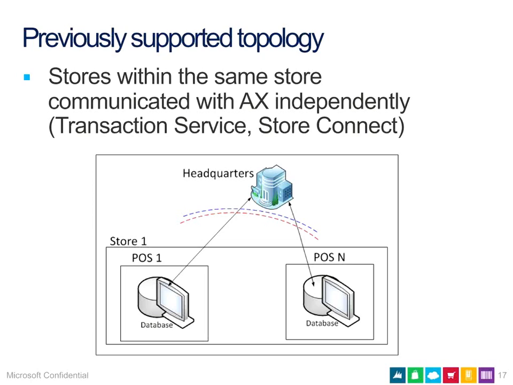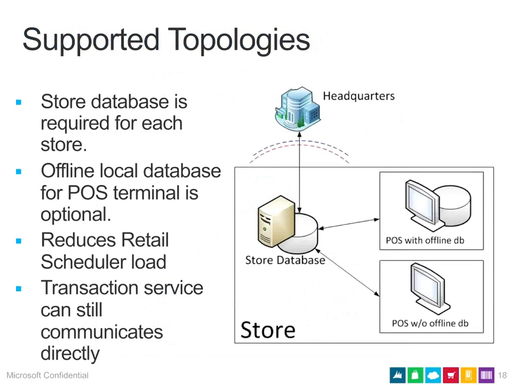And that's no longer supported. Now you have to have a store database within the store that the point-of-sale terminals can connect to. And as I said before, the offline database is optional. What this does, and I'll talk about it more, is we're really creating only one connection between HQ and the store in the store database, and that's only one connection needed for syncing master data.